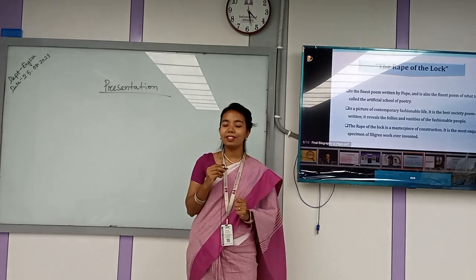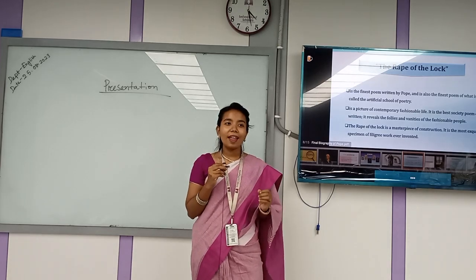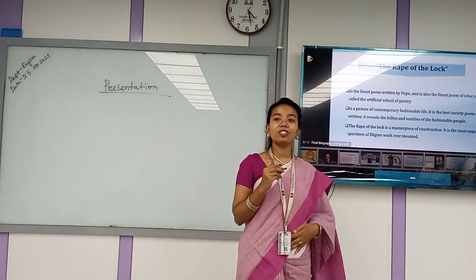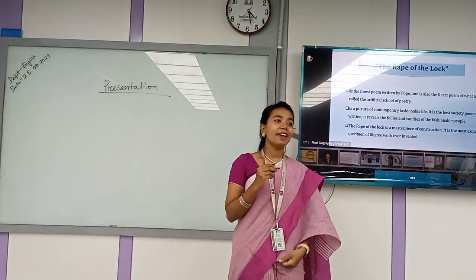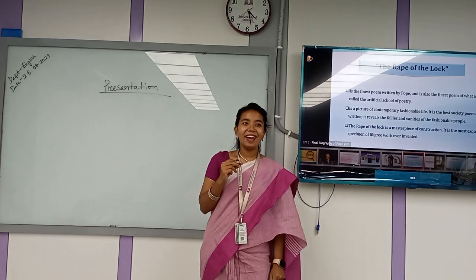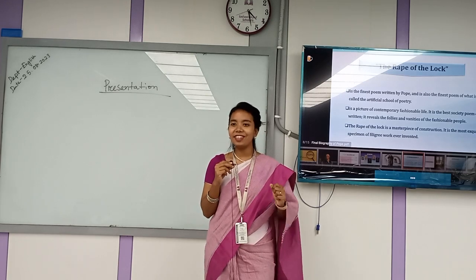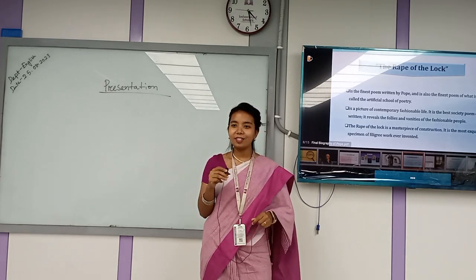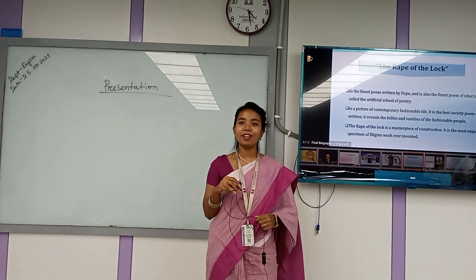Another character is Baron, who liked her so much and proposed to her, but she rejected him because of his lack of money. He is not that rich, that's why she doesn't want to accept his proposal.